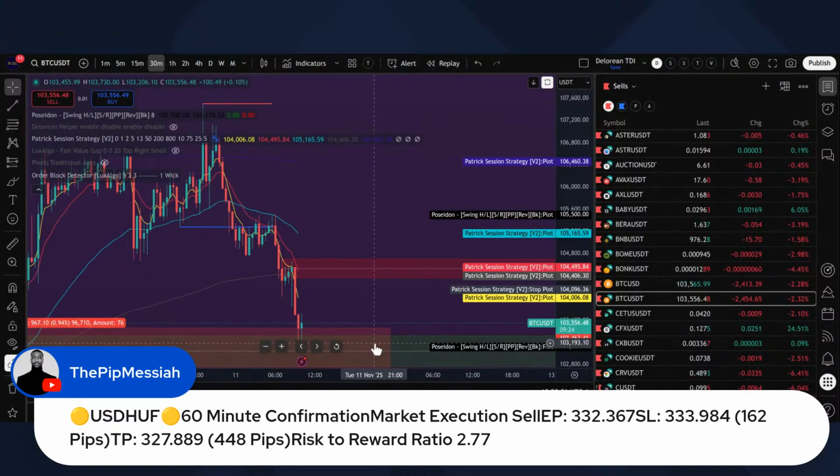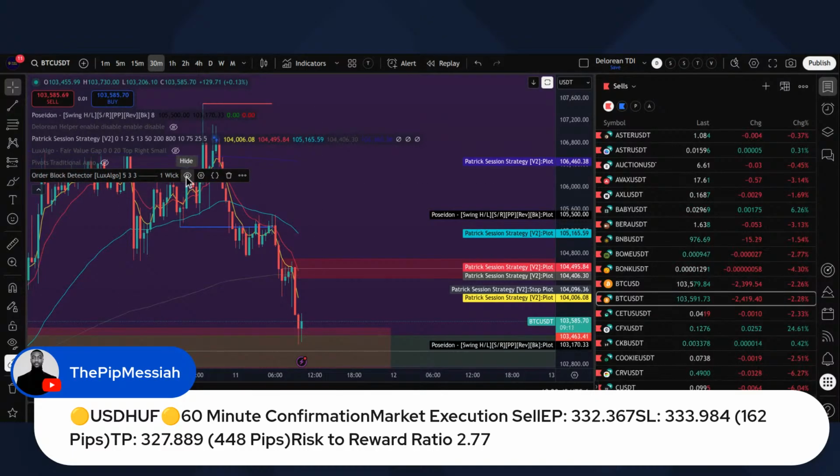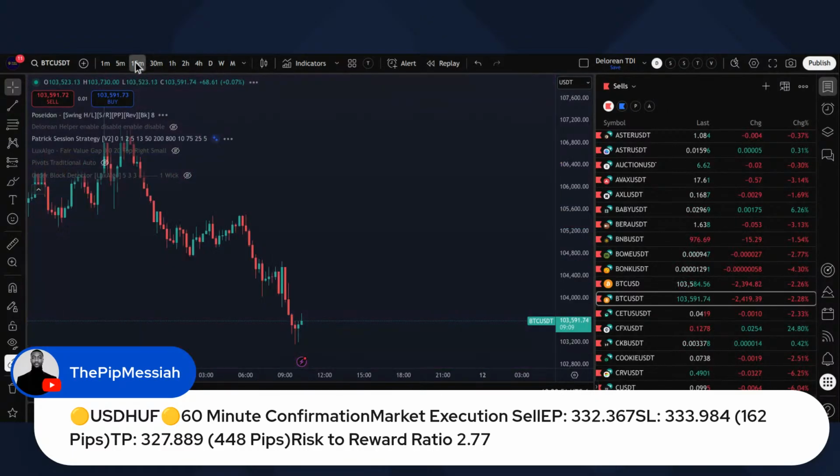Meantime, it looks like we're sitting right on top of a buy order block on the 30-minute. The 50% is at 103,000, and that's why price is kind of floating right now. If it breaks through that, we're going to have more of a fall.